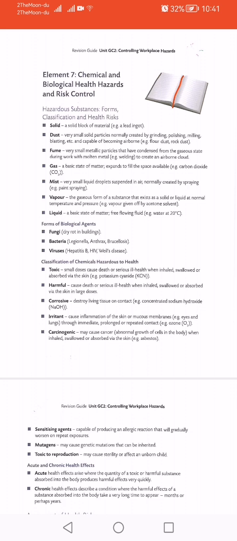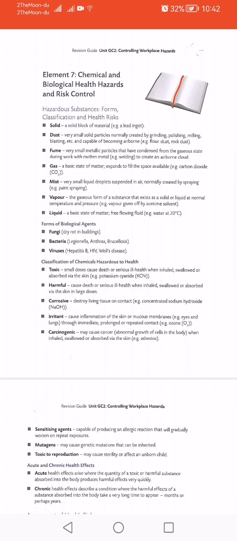Then number 3, we talk about fume. What is a fume? A fume is a very small metallic particle that has condensed from the gaseous state during work with molten materials, like welding, to create an airborne cloud. So fume is also a chemical. Then number 4, gas.